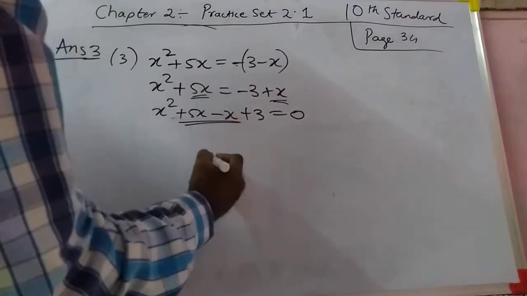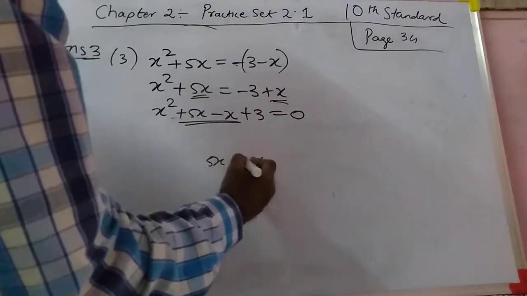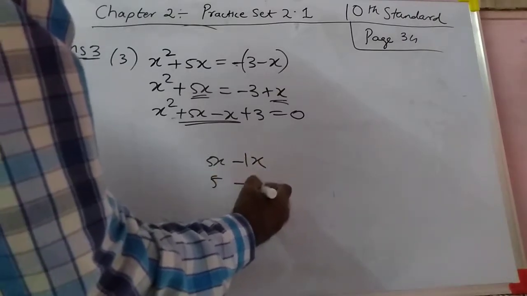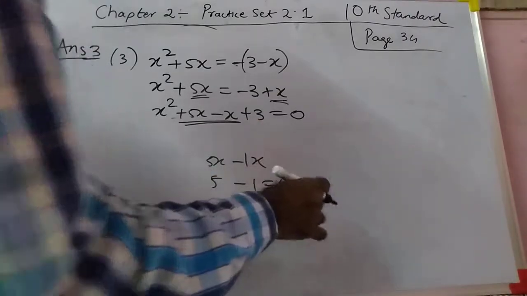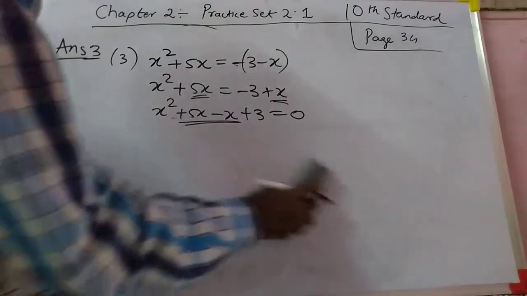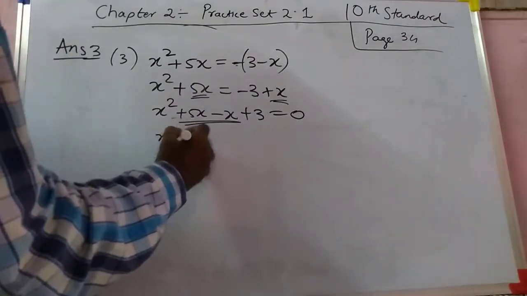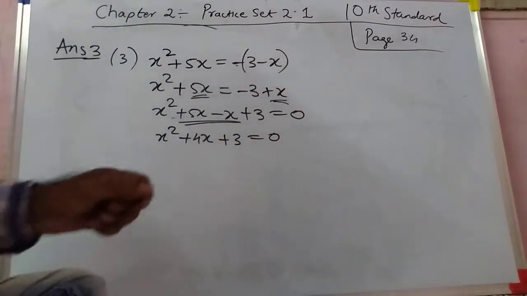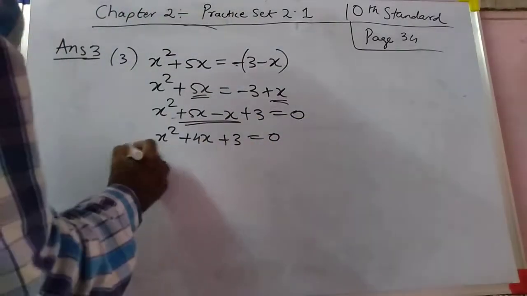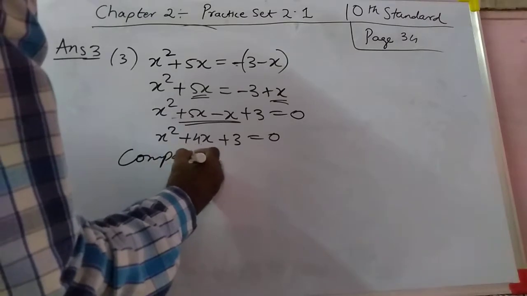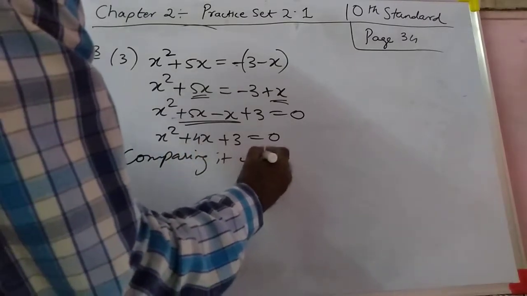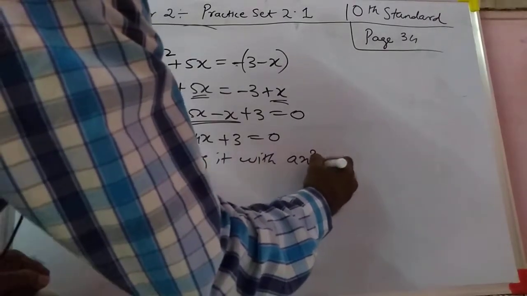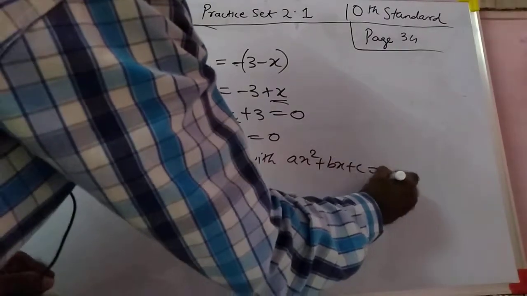इसको हम subtract कर सकते हैं. 5x minus x, take x common, 5 minus 1 is 4. So it will become 4x. So it will become x square plus 4x plus 3 is equal to 0. Then again we will compare it, comparing it with ax square plus bx plus c is equal to 0.